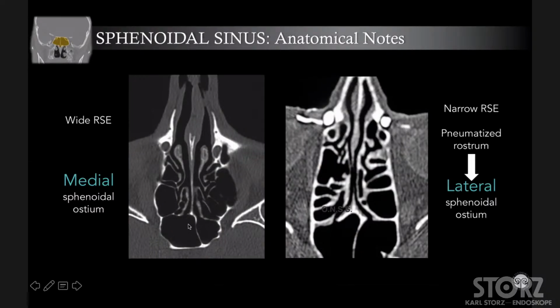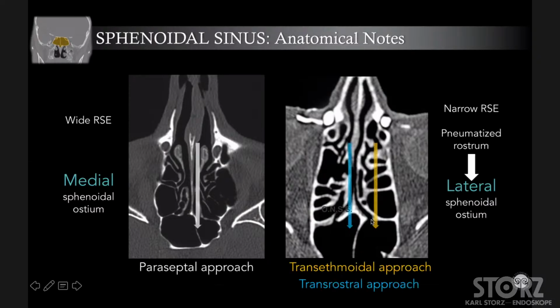You can see in this case the natural ostium is very medial, very close to the nasal septum because the rostrum is very small. Conversely, in this case, the rostrum is large and therefore, in presence of such a highly pneumatized rostrum, the natural ostium of the sphenoid sinus is displaced laterally.